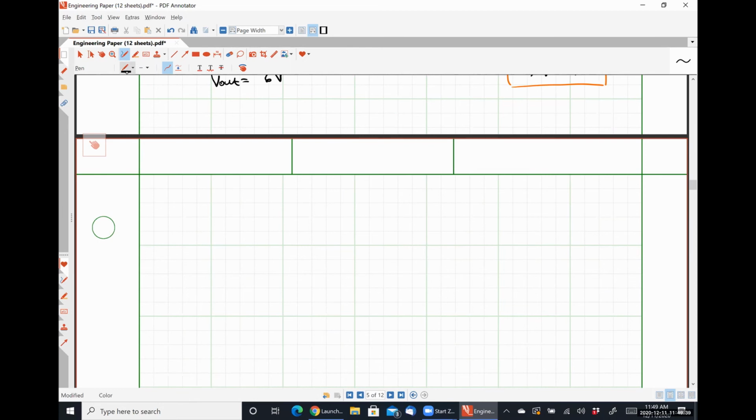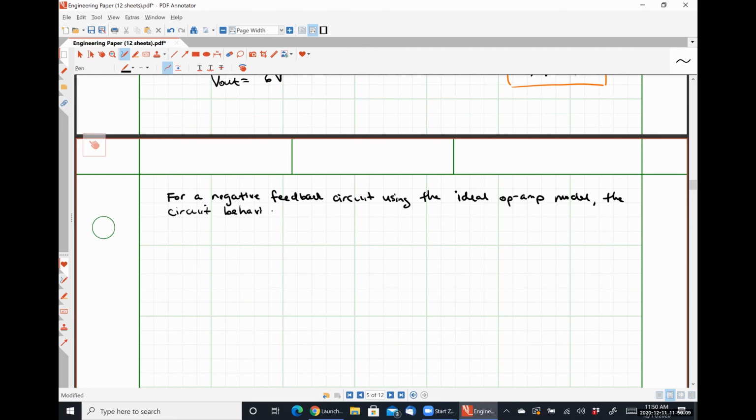All right, so for a negative feedback circuit using the ideal op-amp model, the circuit behavior is governed by two rules.